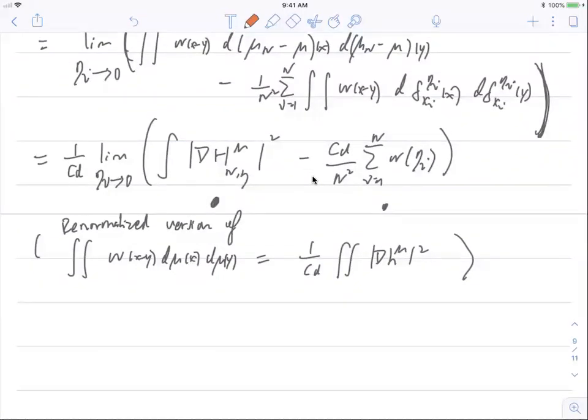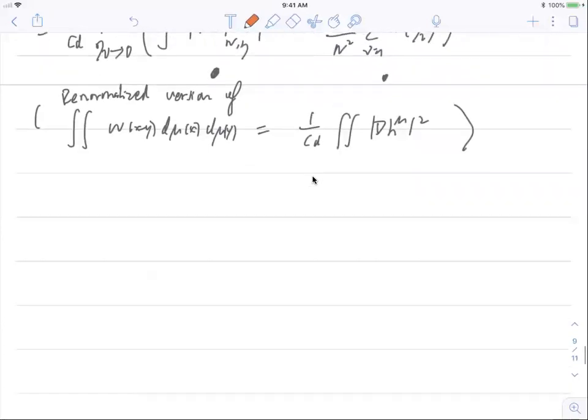I will just copy this commutation from her paper. So this is a critical term we need to control. It's terms like this.